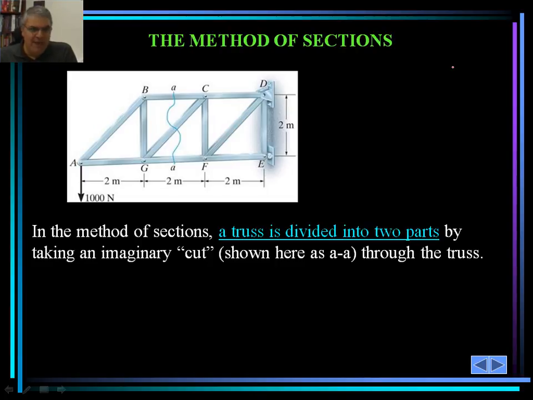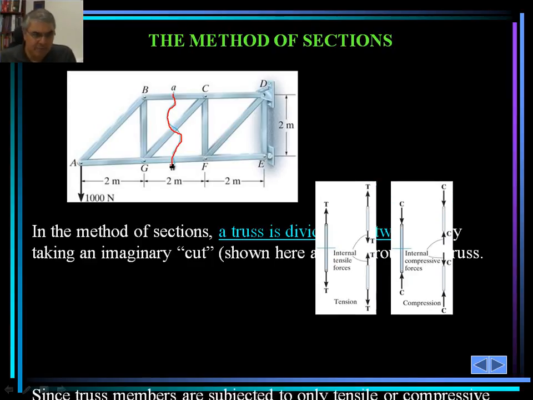So cut AA, that's shown here, goes across member BC, member CG, and member GF, and would be our chosen cut for this specific truss. Most likely the reason for that is we would like to find the forces in member BC, CG, and GF, or any of them, BC or GC or GF.